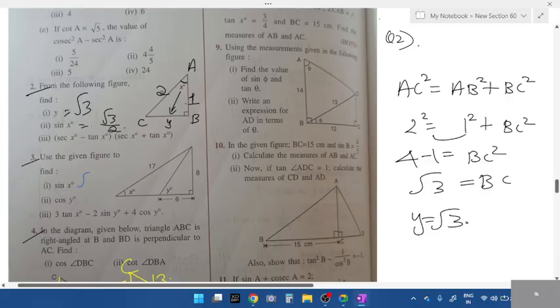Find the other one, Sasha. Try the next one. Sec and tan. Substitute their values with respect to angle x.